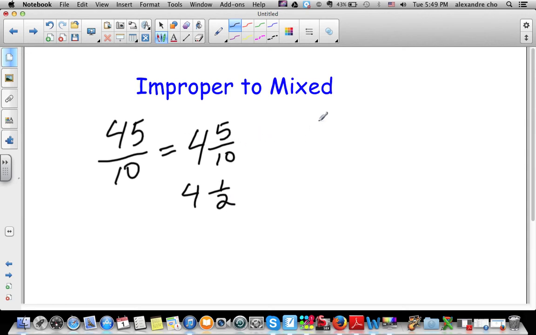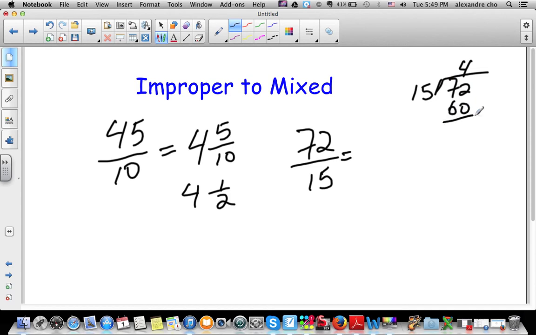Okay, another way of thinking about this, well, let me use another problem. 72 over 15. One way of thinking about this is actually doing the division. So you're going to divide 72 divided by 15. And 15 goes into 72, 15, 30, 45, 60, 4 times.